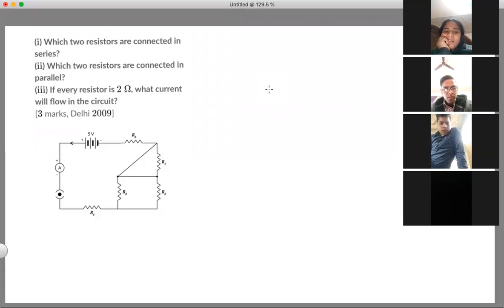ठीक है, तो हमें दिया गया कि एक सर्किट है इस तरह का, and we have to answer the 3 questions. They are, I mean, all are related questions. Okay. How will we do this question?